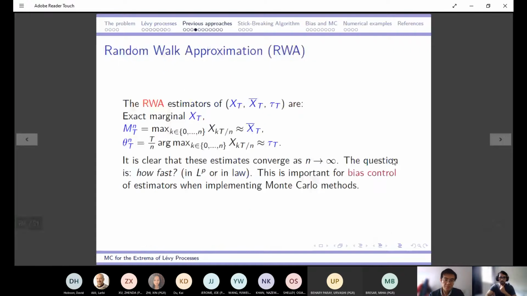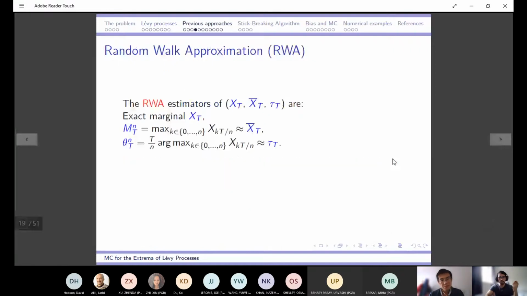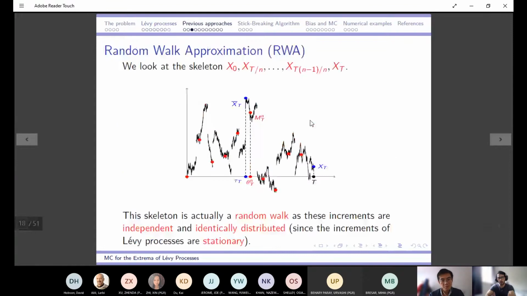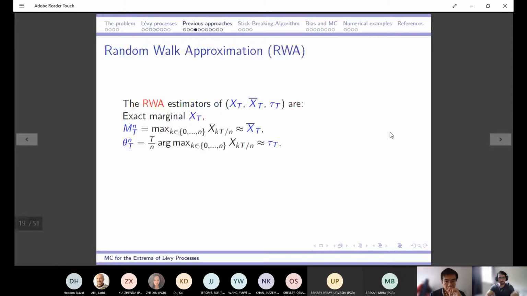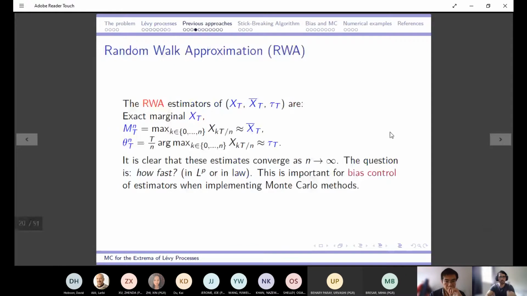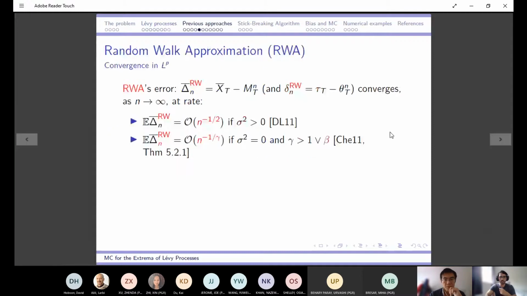If you do this, the question is, okay, so for a given little n, how far off am I from the actual supremum of the path? The actual maximum that the Levy process took, and how far off is the time? In this case, since I'm estimating expectations, I want to know the bias under, say, a continuous function, right?